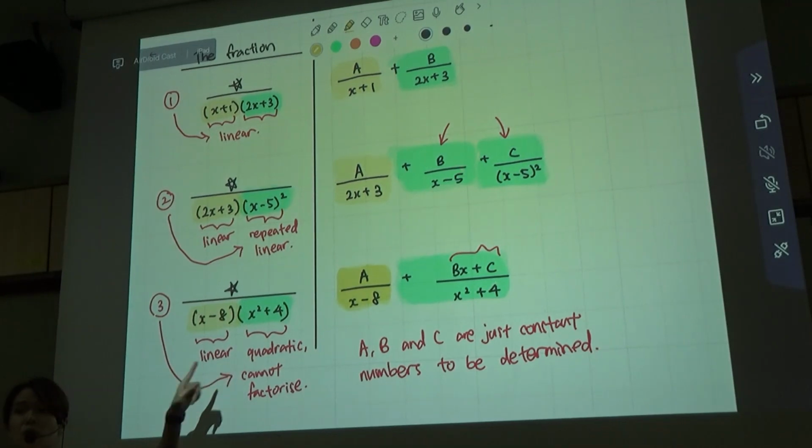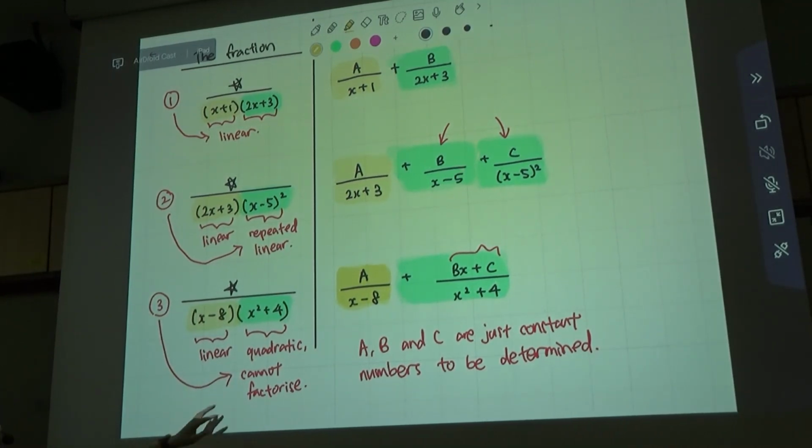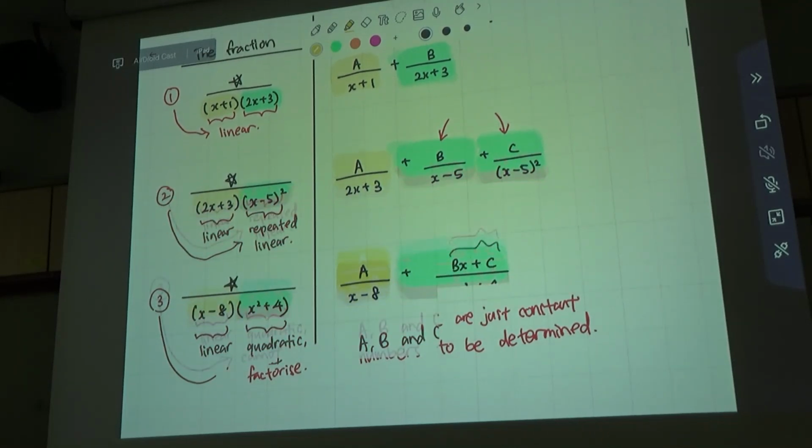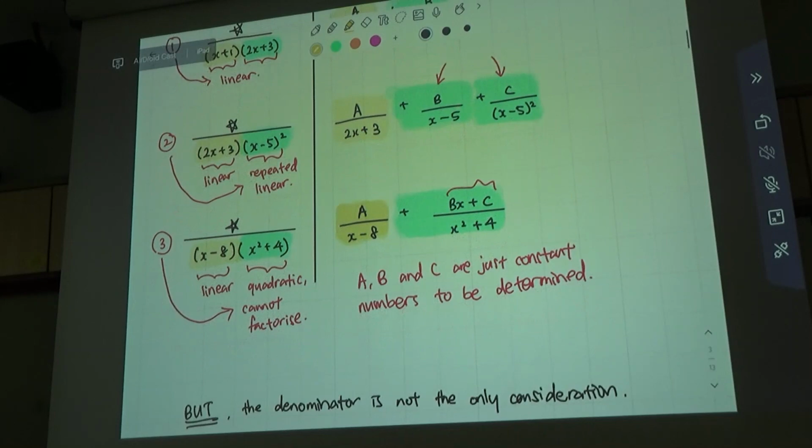I said that it is quadratic, but I place emphasis on it cannot factorize. So if it can be factorized, then how? That should be a natural question, right? I factorize, and then it becomes linear, your type 1 situation. So we have to factorize it.